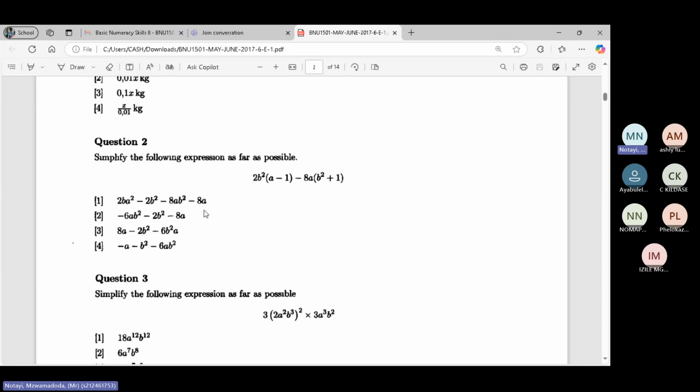And I have a negative 2b squared, which I got when I multiplied 2b squared with negative 1. So my correct option is the second one, because it's negative 6ab squared minus 2b squared minus 8a.